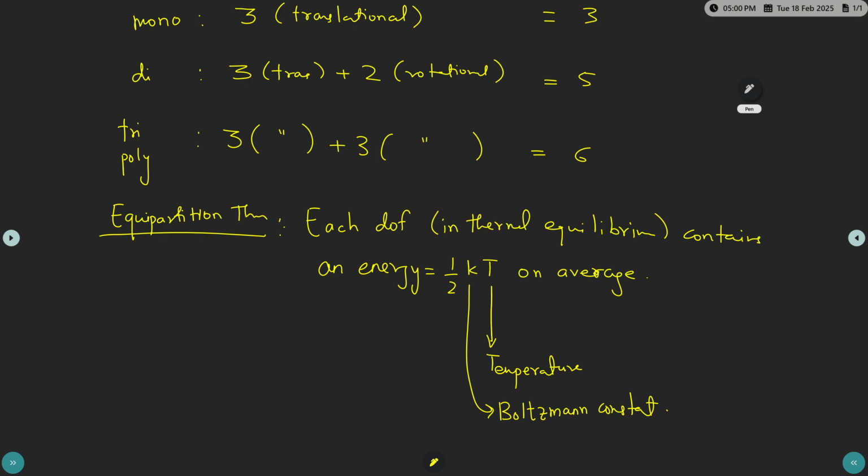This is the equipartition theorem. Each degree of freedom receives an energy equal to half kT on average. Now finally, using this we can write down the formula for the internal energy of gases.